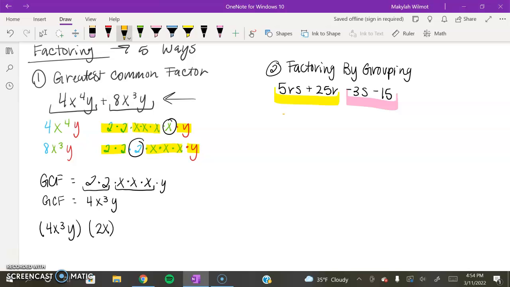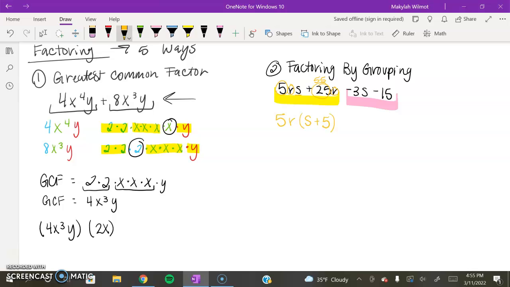What are the common factors in this? Well, 5 is a common factor because 5 goes into 25. It also has an R, so 5R. 25 is 5 times 5, and then it also has an R. But S is by itself here, so that means S is left over, and then it's 5 times 5, so that also means that 5 is left over here.